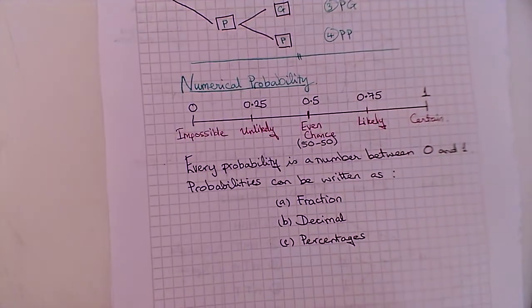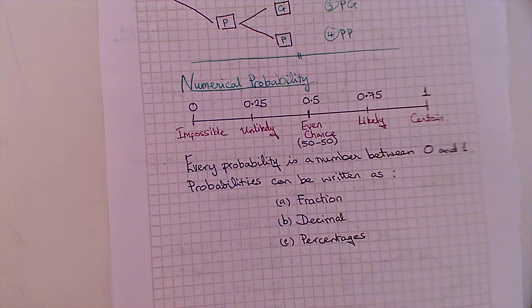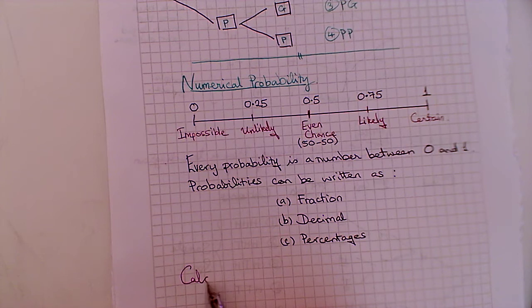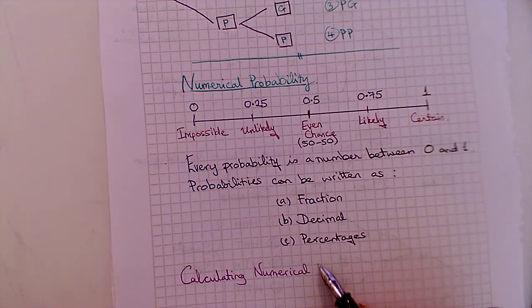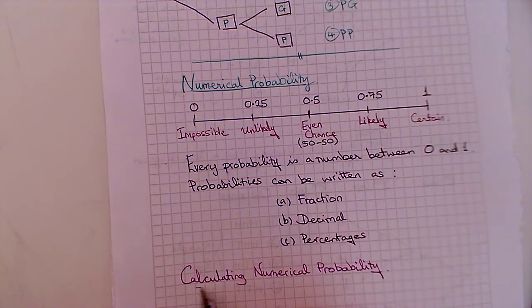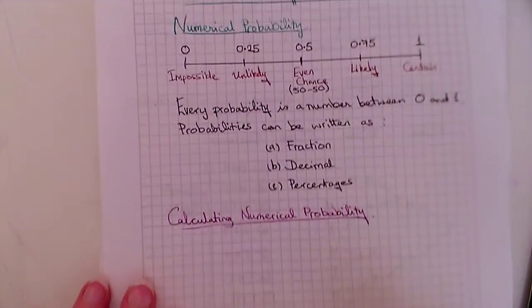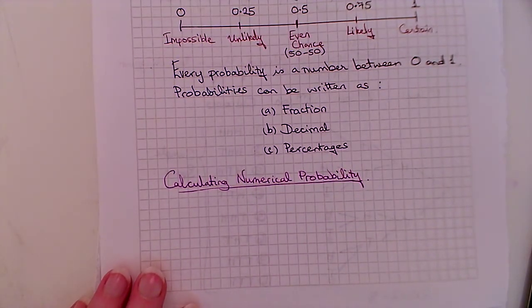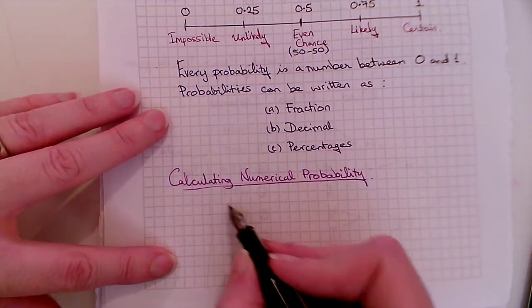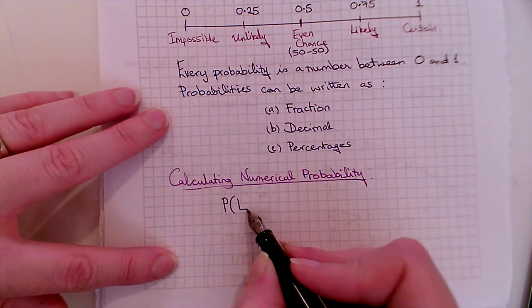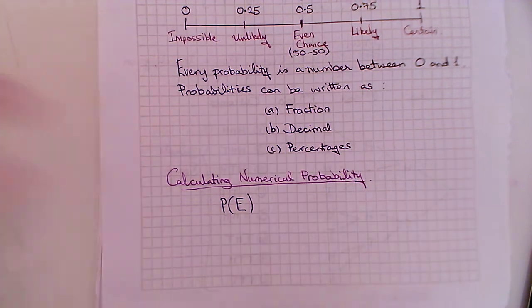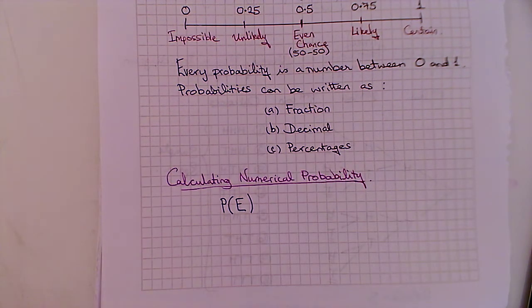Now, I want to write down a definition for how we calculate numerical probability. How do we do it? Well, we have a formula. We say that the probability of an event, so that's an odd looking notation, I'll come back to it in a second.